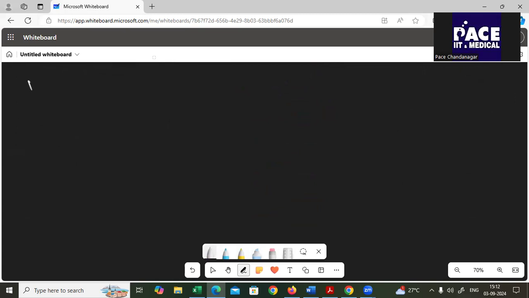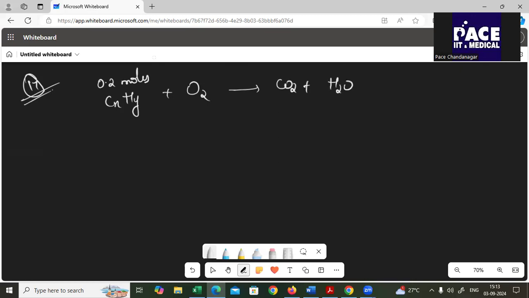Next question, question number 17. Now, let's write the information again. I'm reading out the question and writing the information. Carefully do the same. 0.2 moles of a sample of hydrocarbon CxHy yields after complete combustion with excess of oxygen gas, 0.8 moles of CO2 plus 1 mole of H2O.